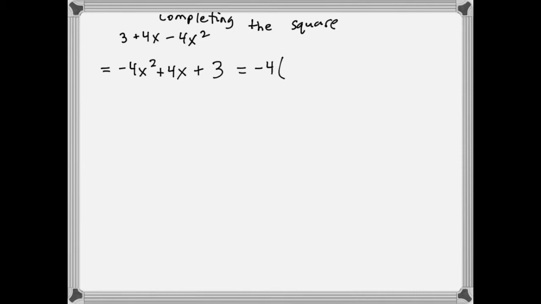So if I take out the negative 4, I get x squared minus x, and then minus 3/4, right? So this is what I get when I take out negative 4. Next, we need to complete the square here.